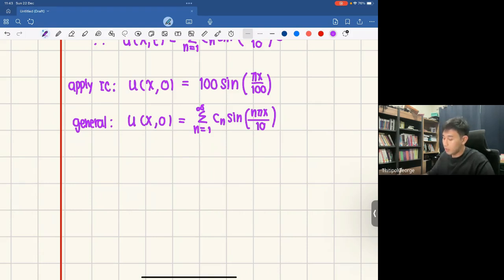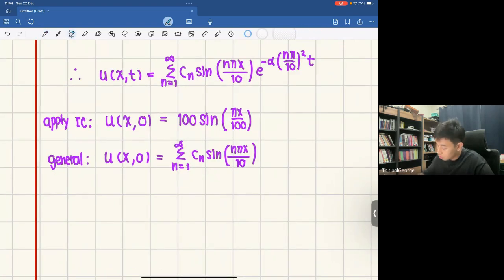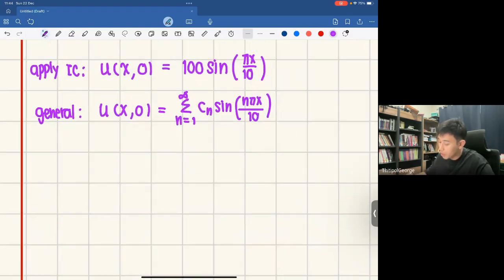So if we need to match this up, only n equals 1 matches.